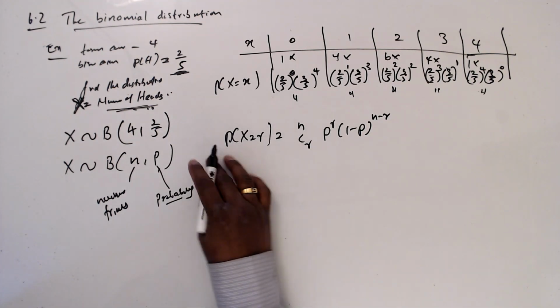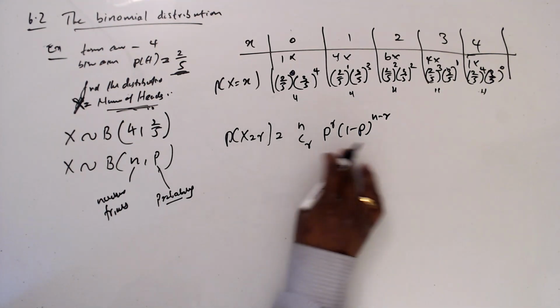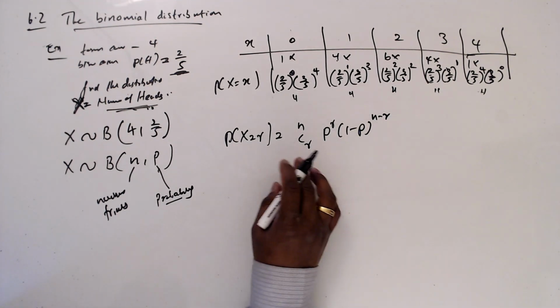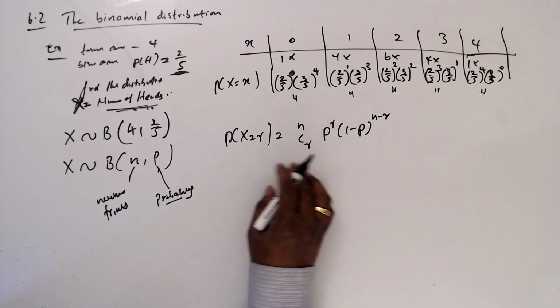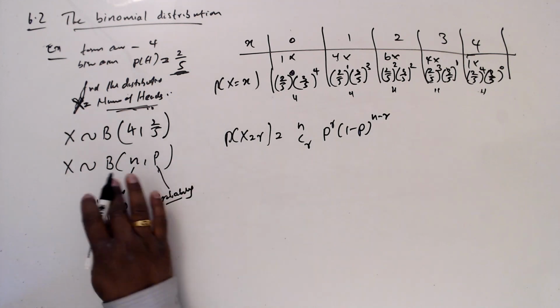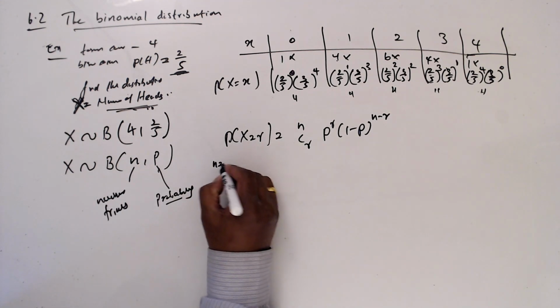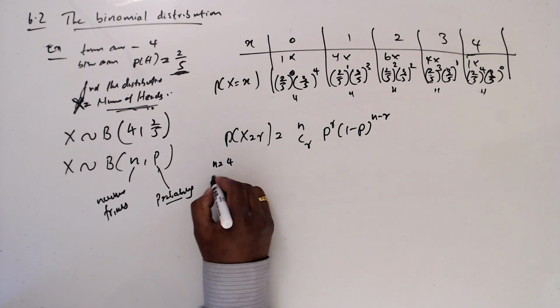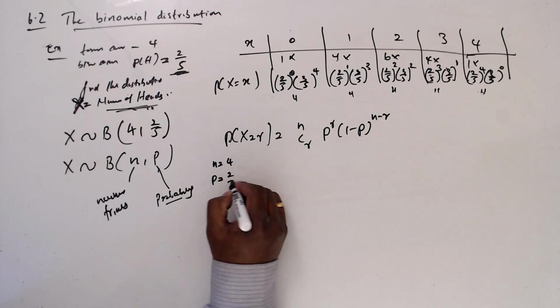This is the standard probability mass function, and we'll adapt to this one now, because we know n is 4, and p we know is 2 over 5.